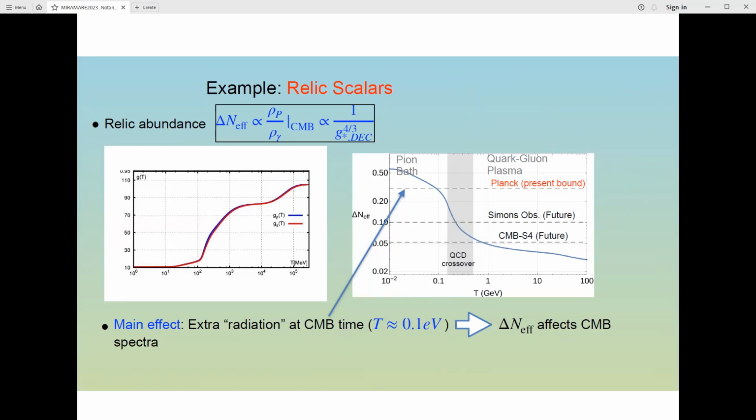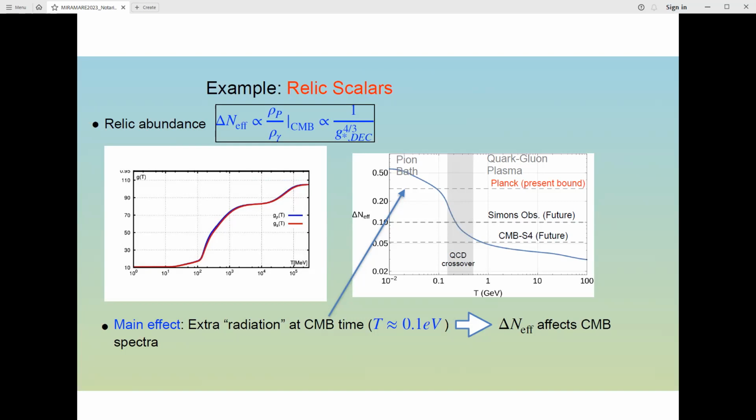Now, you can immediately read that a particle that decouples at a temperature smaller than the QCD phase transition has a relatively high delta N_eff, which can be probed already by present experiments like Planck, for instance. The present bound is around 0.3.